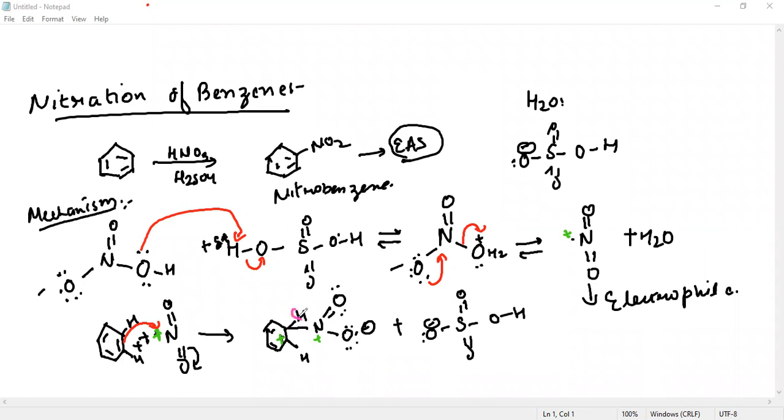I'll show you how. This hydrogen will be accepted by this oxygen. This base will see this H, which is very very positive, and what will happen? It will resume this bond here for the benzene ring, and the aromaticity will be restored.